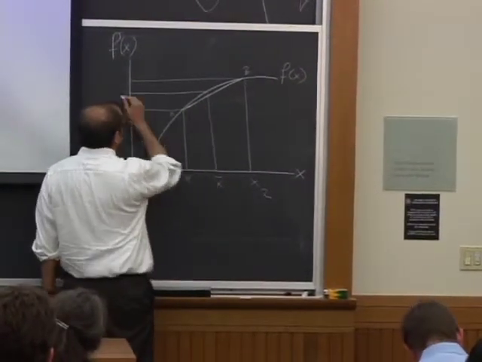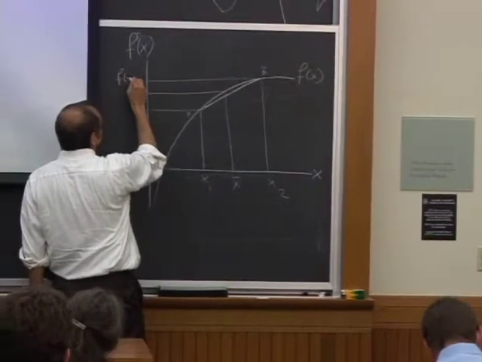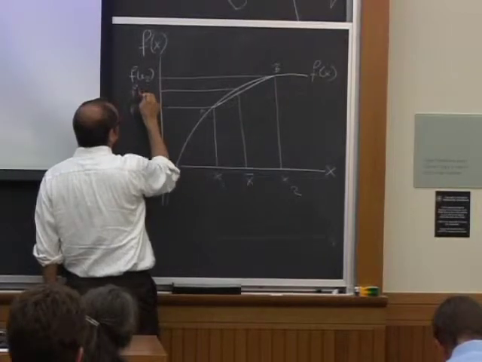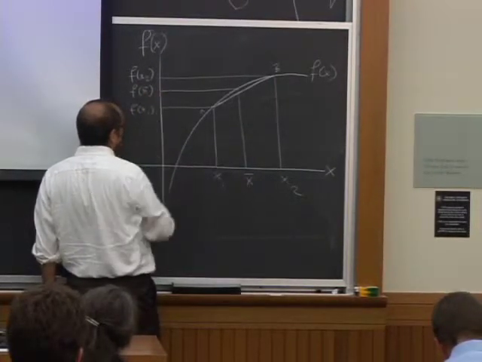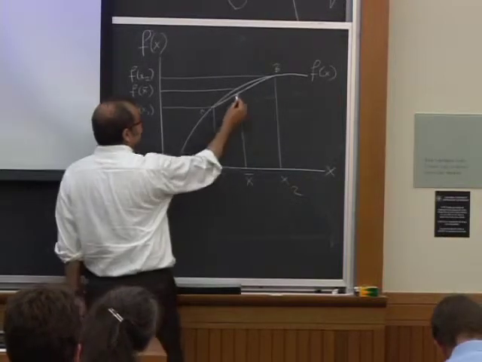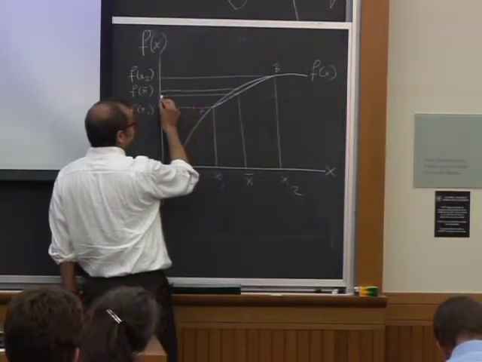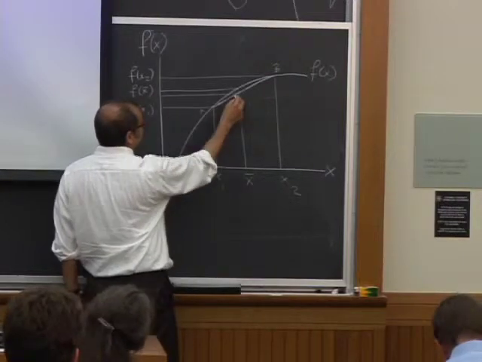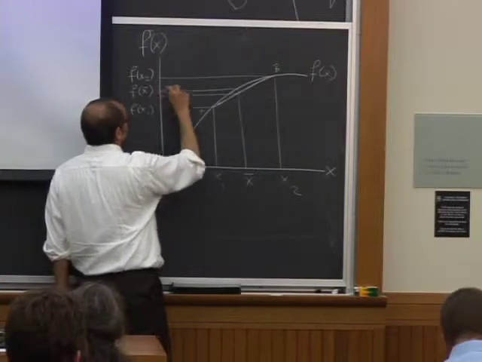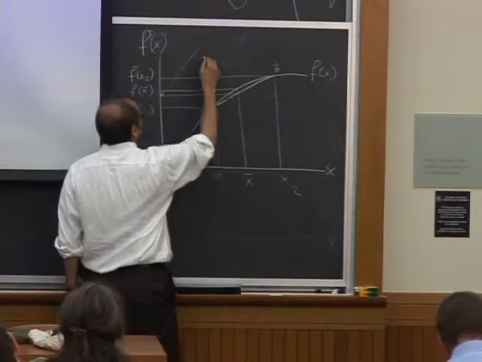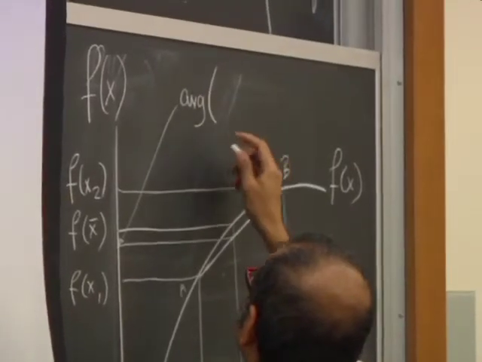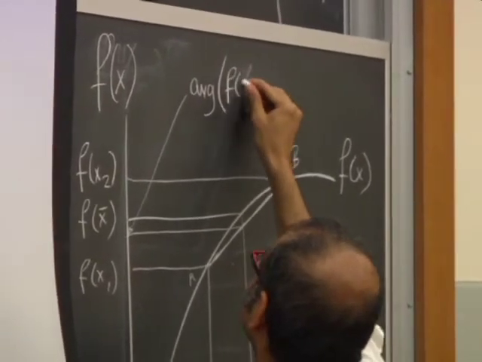Then this is f of x2, this is f of x1, and this is f of x bar, which is the average. I'm using Excel notation here.